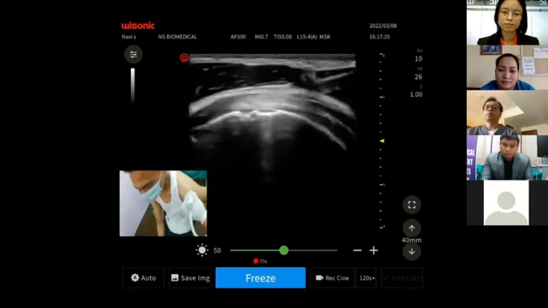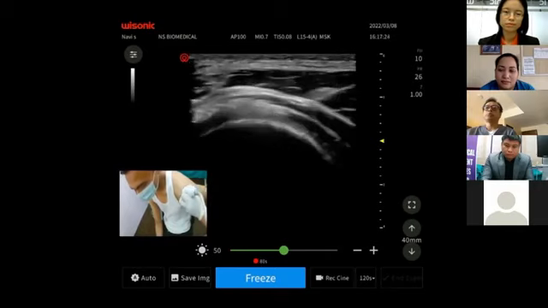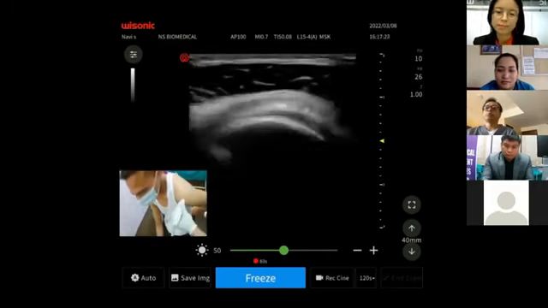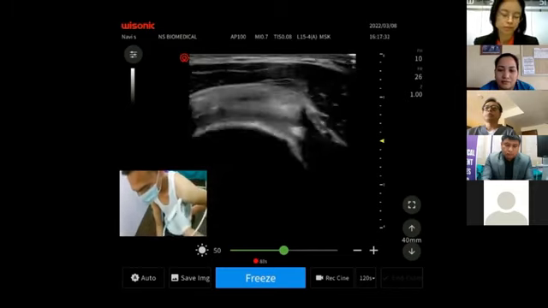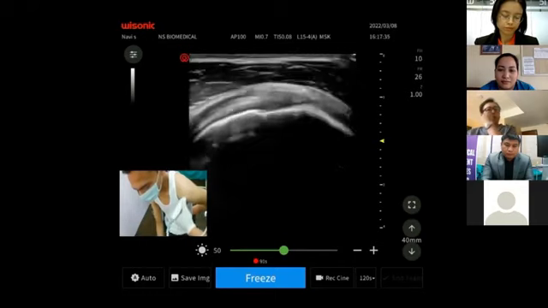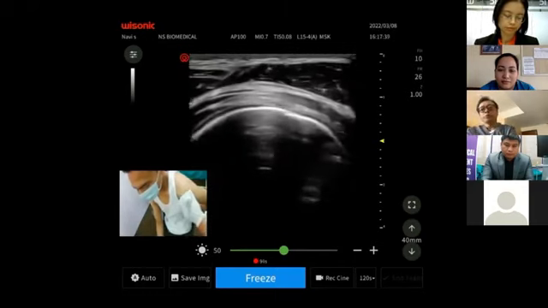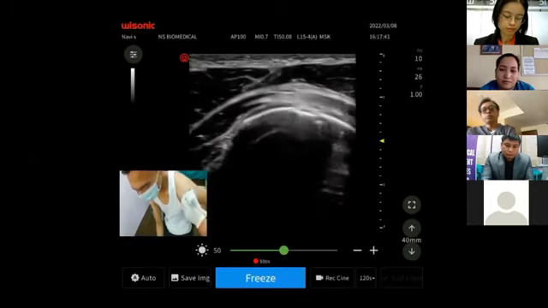As I scan more posteriorly, we can see the infraspinatus tendon coming into the picture. Again, anteriorly the rotator cuff interval, and as I scan posteriorly, we see the supraspinatus muscle fiber and tendon. And as I go more posteriorly, the infraspinatus tendon comes into the picture.